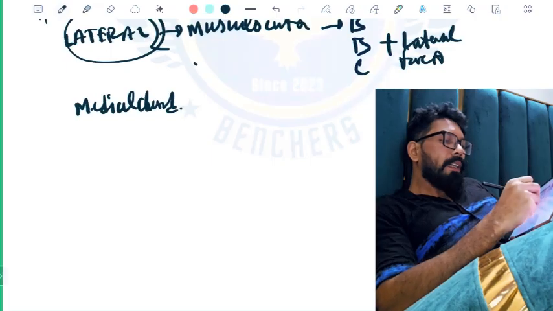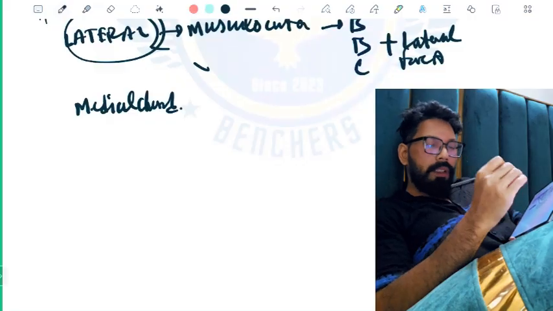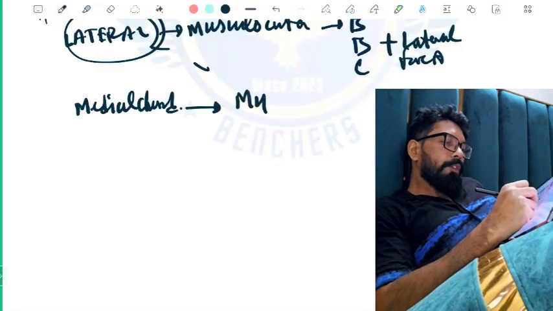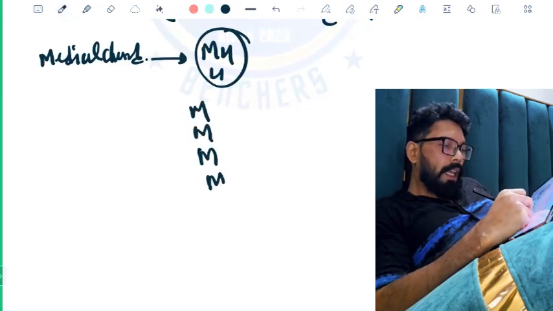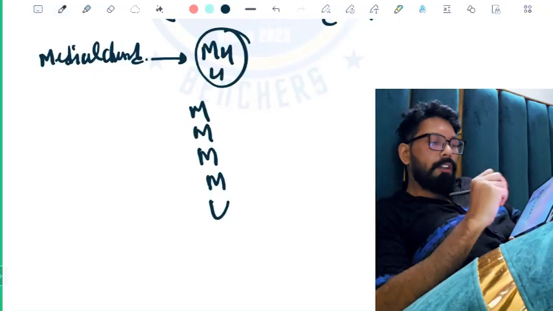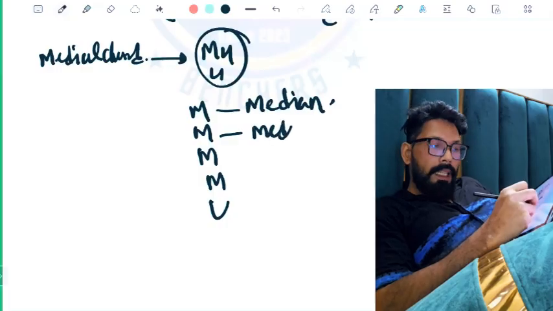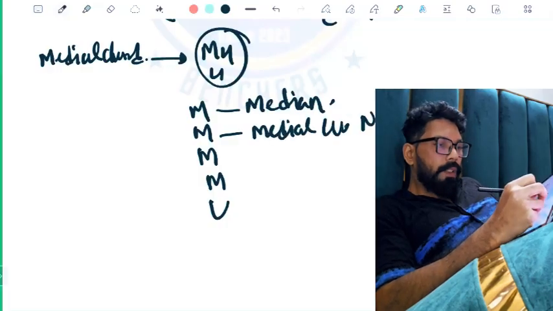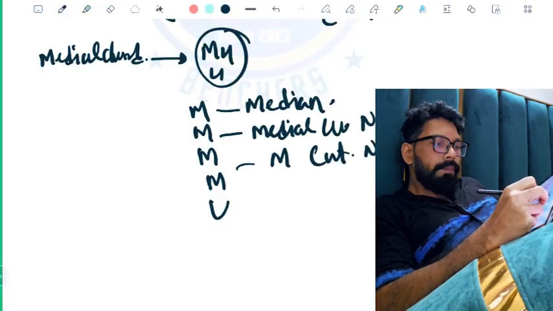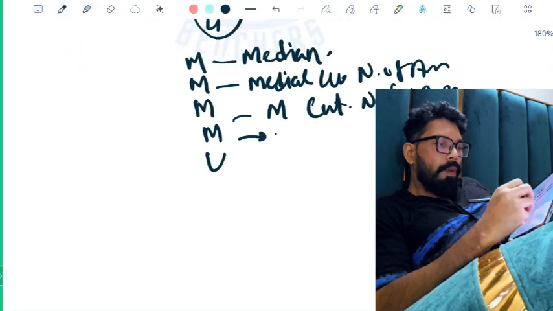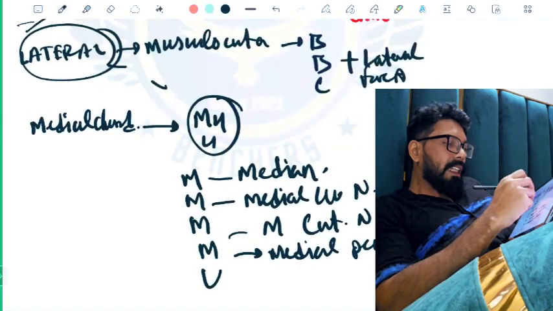From the medial cord we have M for U. What is M for U? That means M, M, M, M, and U. So from the medial cord, we will have the median nerve, medial cutaneous nerve of arm, medial cutaneous nerve of forearm, and medial pectoral nerve, and we have the lateral pectoral nerve from here.